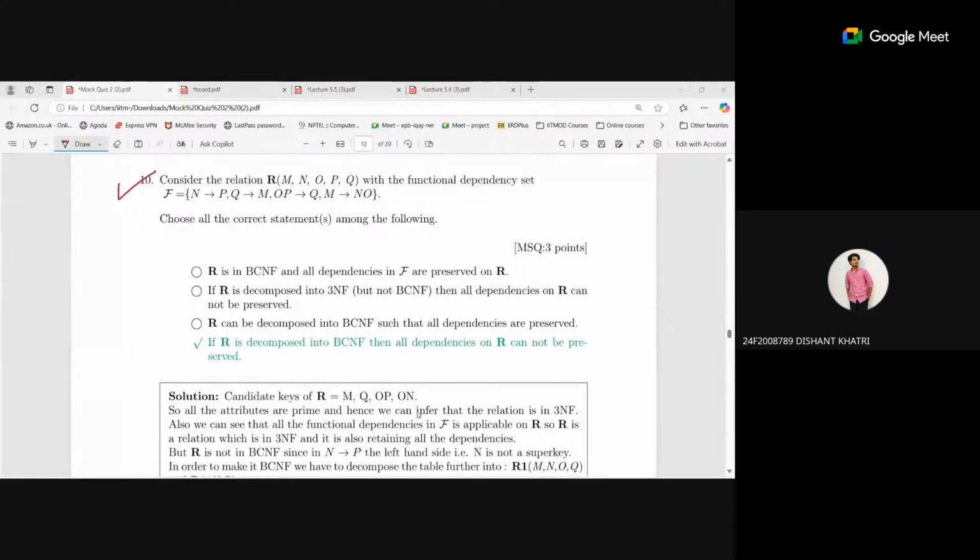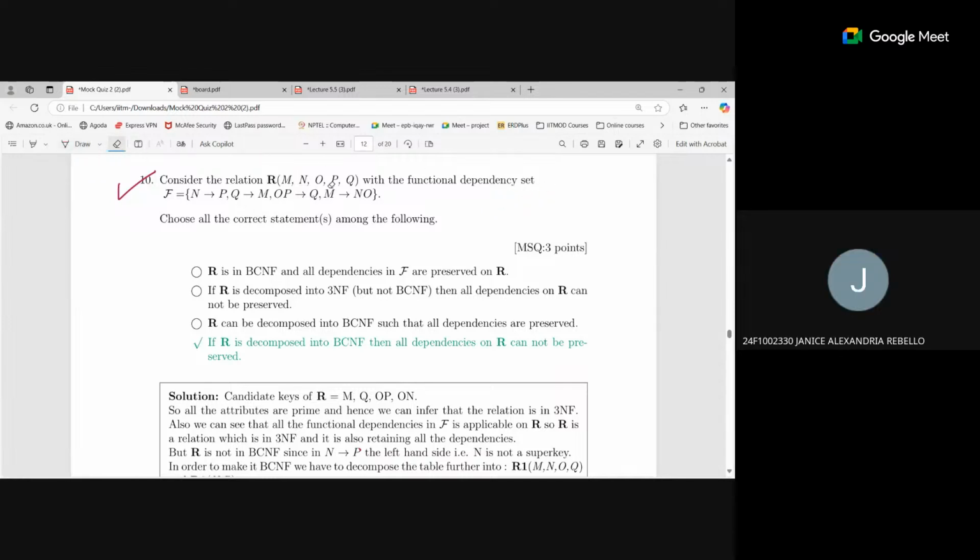Sir, first we will check for BCNF. How to check for BCNF? It's a question of dependency preserving. Okay, so how to check for BCNF?